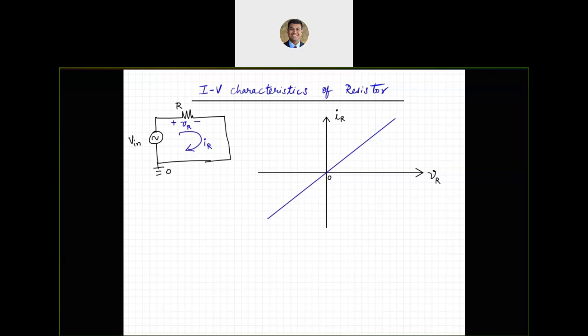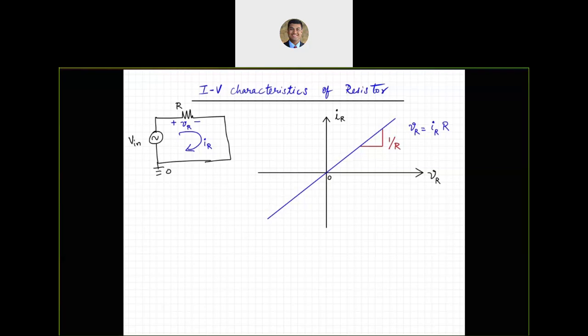The relationship is V_R equals I_R multiplied by R itself. So based on that, we know that the slope of this line is going to be 1 over R. That's essentially what the current voltage characteristic of a resistor looks like, a linear one.